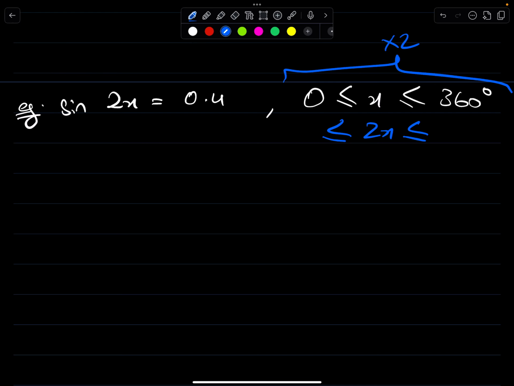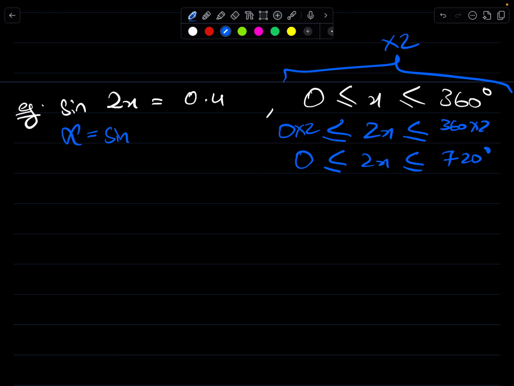Then 0 multiplied by 2 is equal to 0. 360 multiplied by 2 is 720 degrees. This is our final range. And then we need to find alpha.